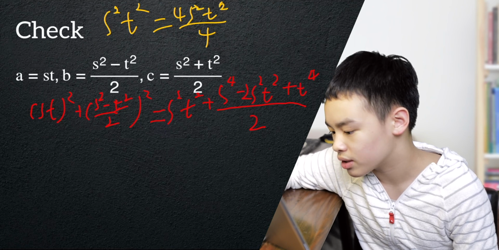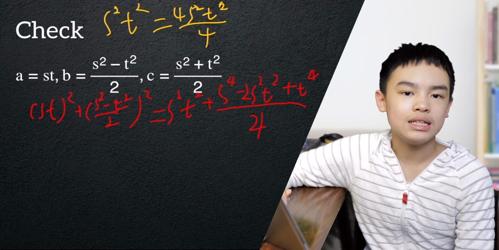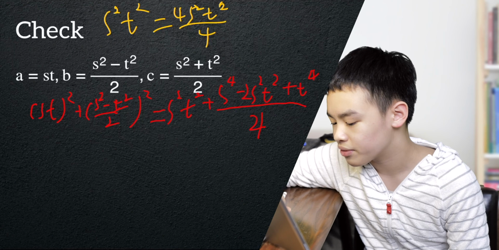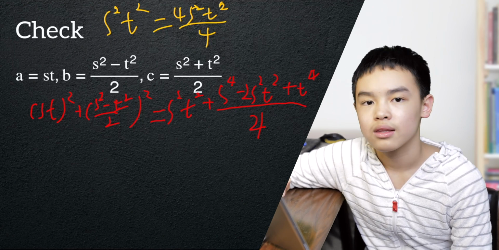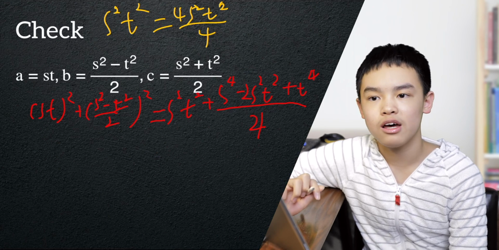Oh, and I also forgot to make this a 4. And now we see 4S squared T squared minus 2S squared T squared. Then we have a positive 2S squared T squared left.